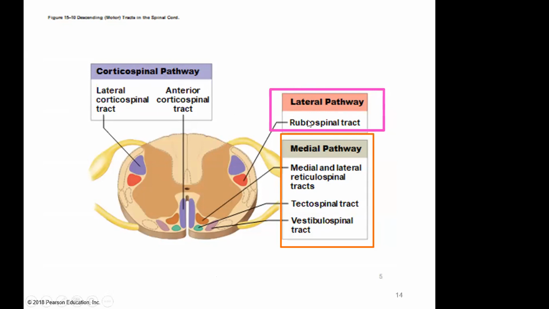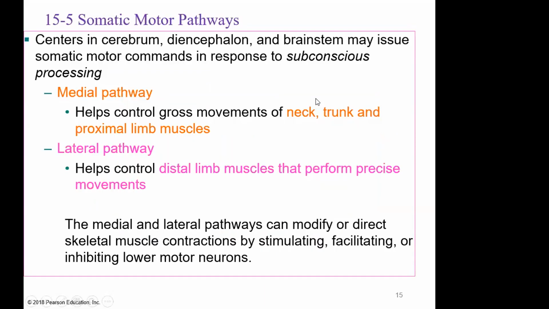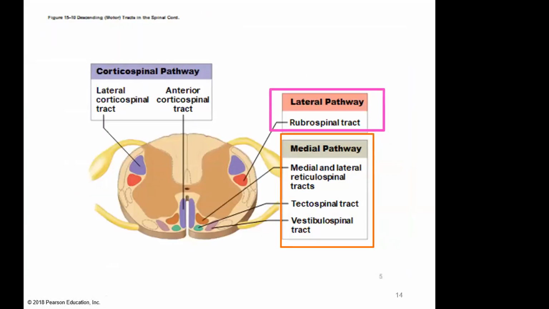So don't let those two throw you for a loop, okay? In the lateral pathway, we're going to be talking about the rubrospinal tract. For our rubrospinal tract, lateral pathway, rubrospinal tract, medial pathway, you can see that we have 3 other things to discuss.